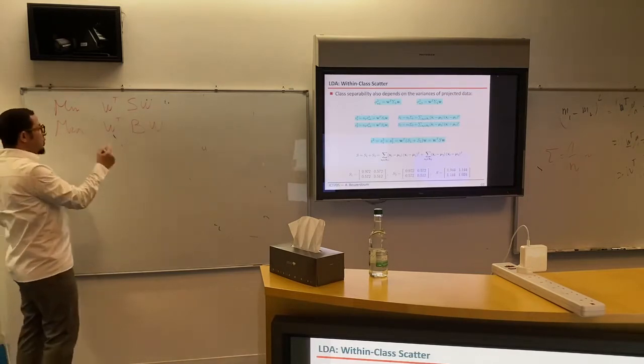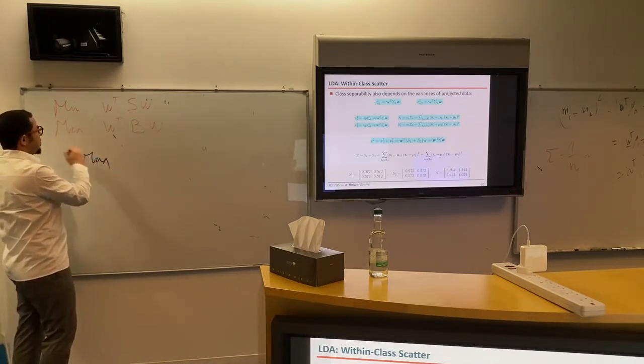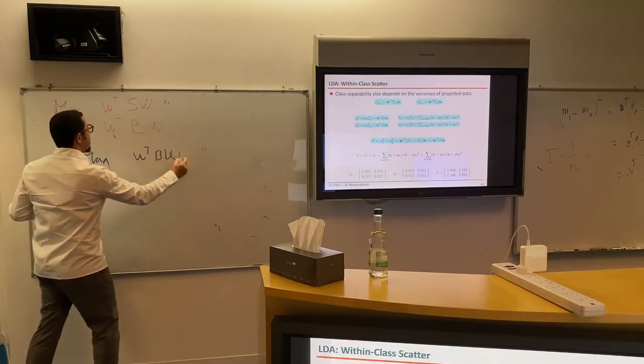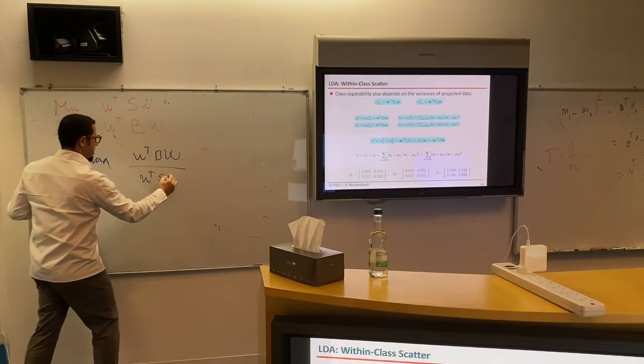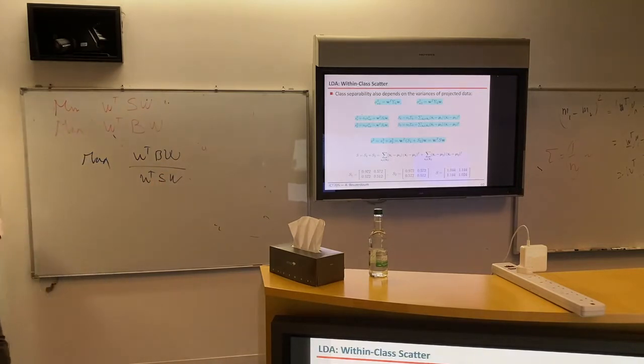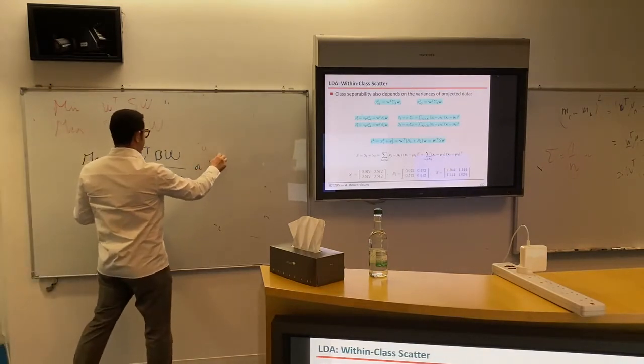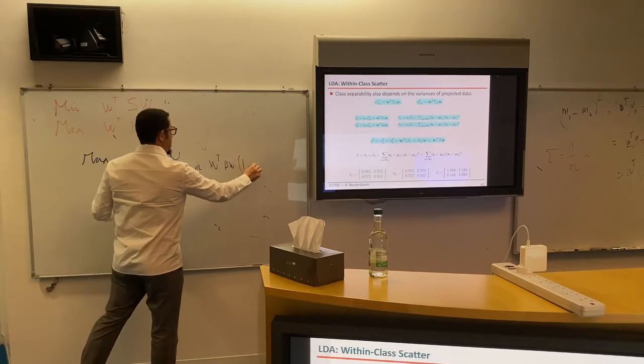Excellent. So if you're looking for the max, what do we do here? The max of W transpose B W over W transpose S W. Yes, this is one idea. Another idea: put it as a constraint. We can use this, which we want to maximize, times 1 minus the other.